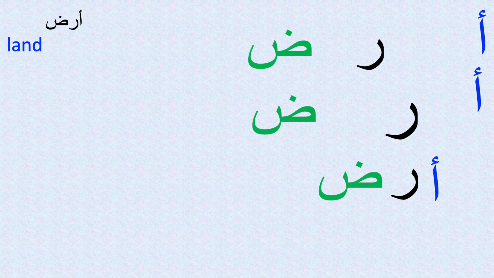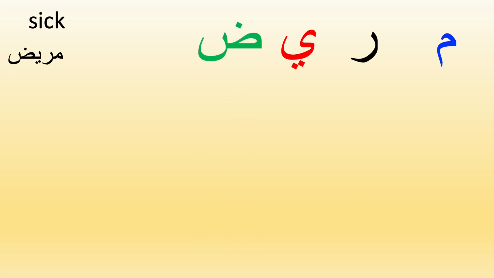Let's have one more example. It is the word sick or marid in Arabic. The component letters are mim, ra, ya, dad. Let's look at the connection.